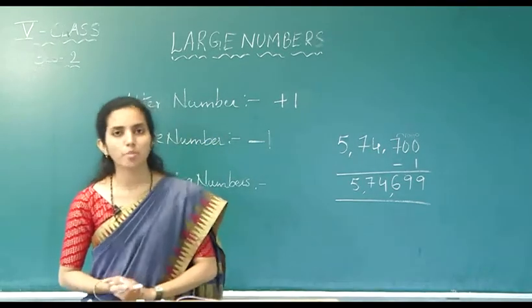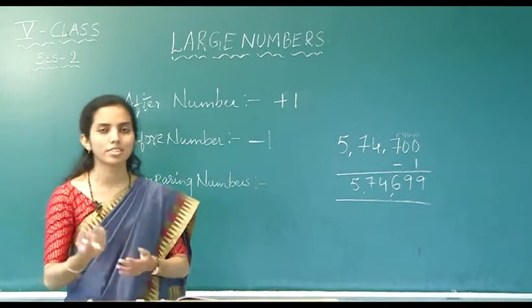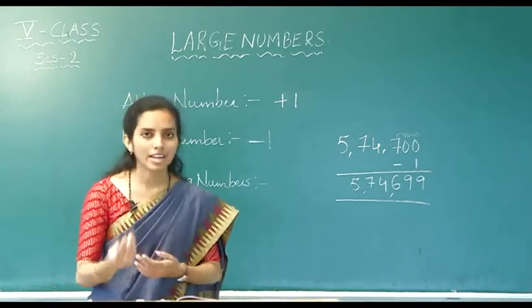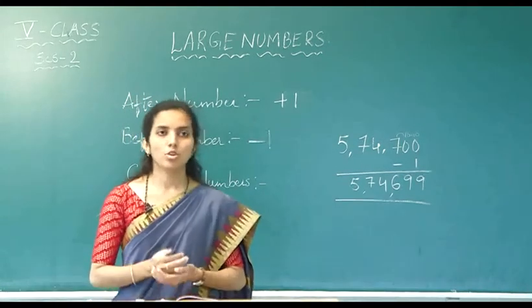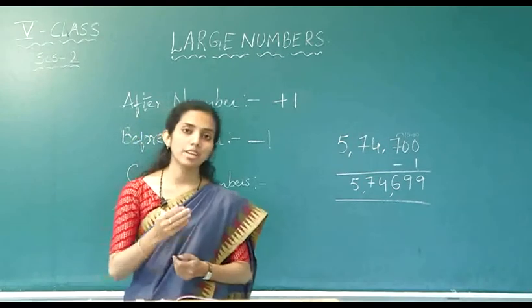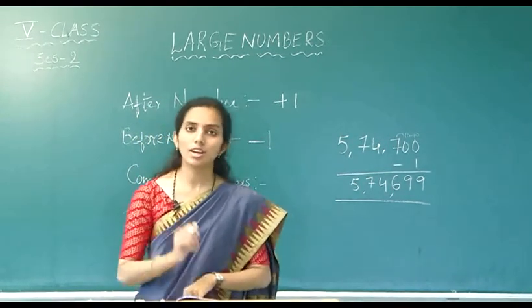And comparison of numbers. You have been learning comparison of numbers from your second and third grades, that is greater than and smaller than. How do we compare numbers? We compare numbers by observing the digits.